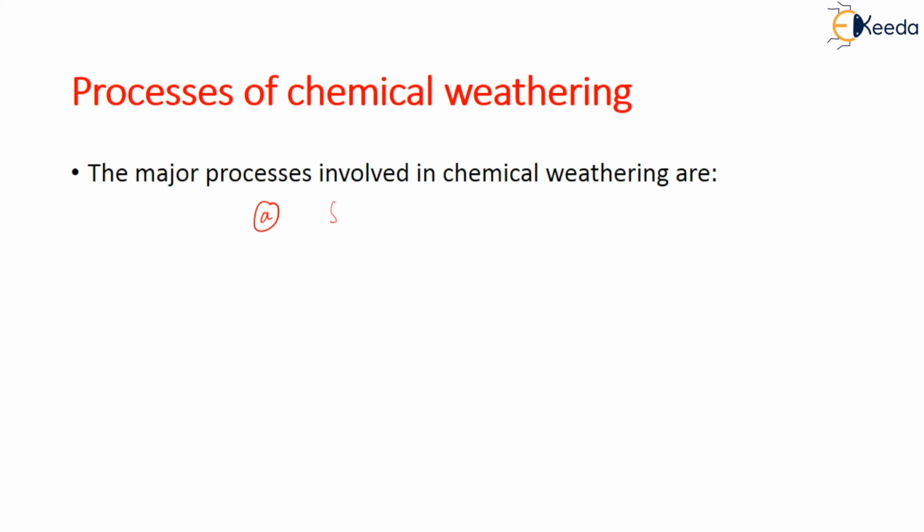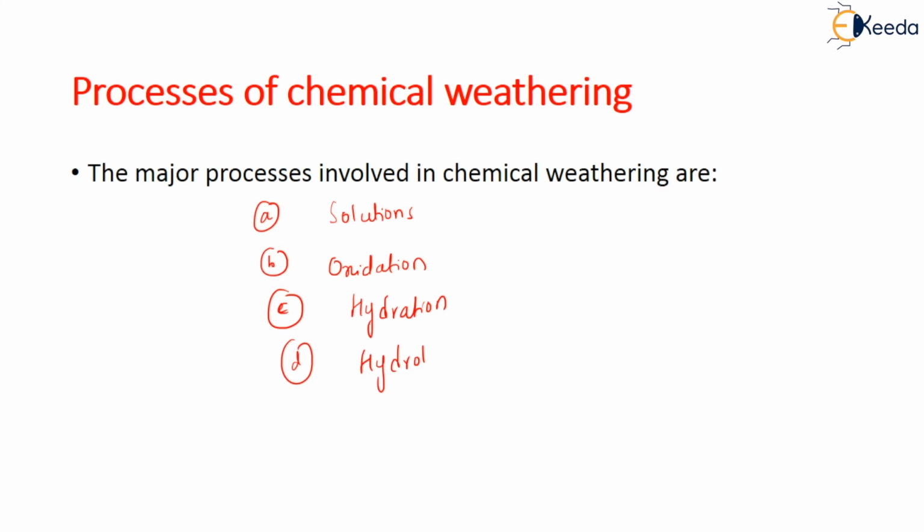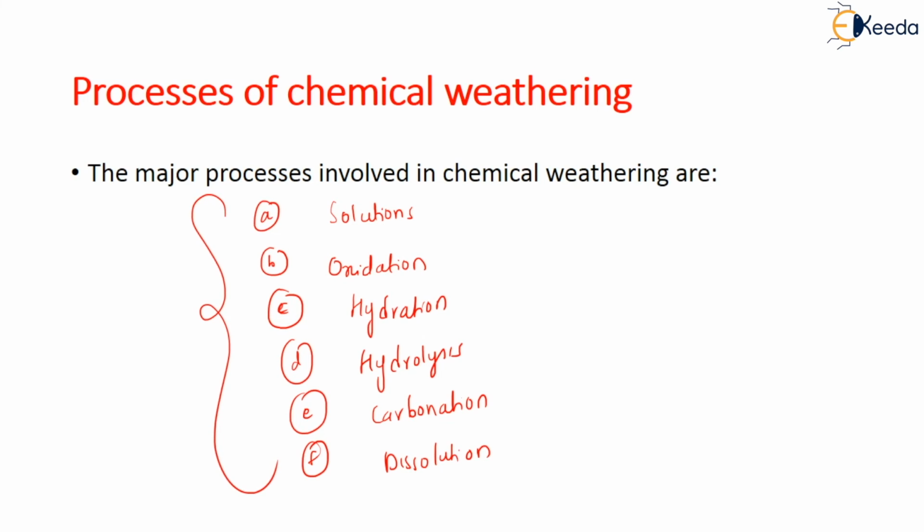I repeat: solutions are formed, oxidation in the presence of oxygen, solution where there is some liquid in nature, hydration in the presence of water, hydrolysis, carbonation in the presence of carbon dioxide, and dissolution. These are all the major processes involved in chemical weathering.